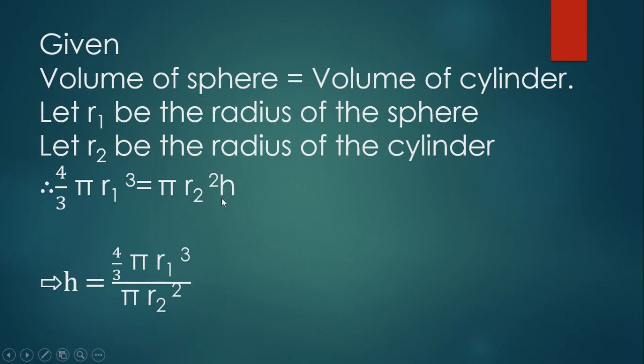We need to find the height only, right? So for further simplification, height h is equal to 4 by 3 pi r1 cube by pi r2 square.